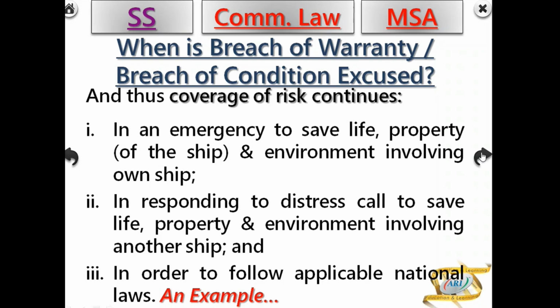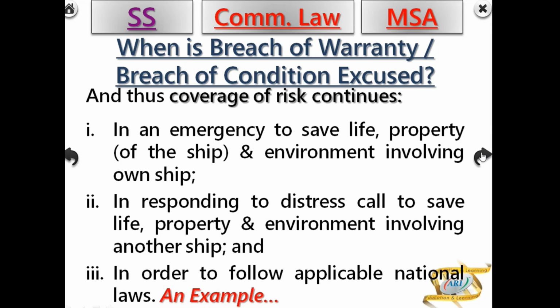Number two, in response to a distress call to save life, property, and the environment involving another ship. And number three, in following the law of the port country where the ship is.